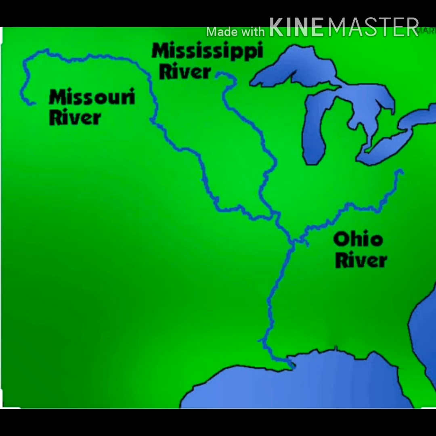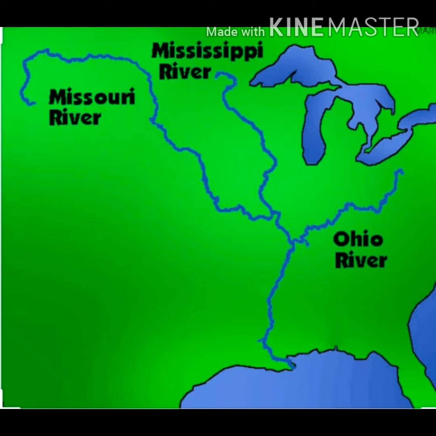First, Mississippi. Mississippi is the longest river of North America and the fourth longest river of the world. Its source is Lake Itasca, and from there it flows towards the south to the central lowlands.